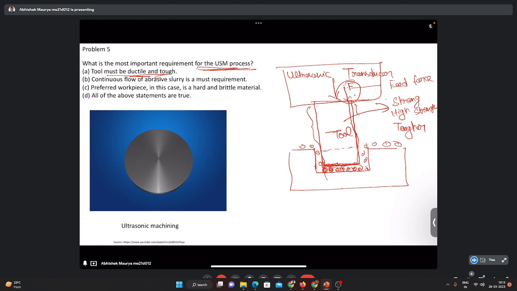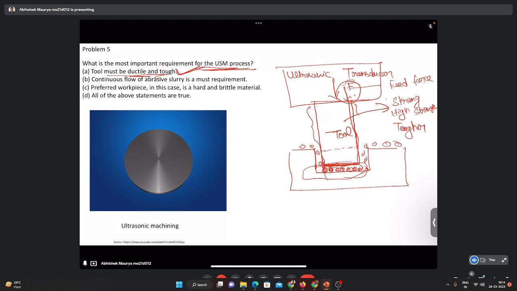So the first option is correct, and the second is that continuous flow of abrasive slurry is a must requirement. Yes, continuous abrasive slurry is needed to wash away the removed material as well as the abrasive particles.